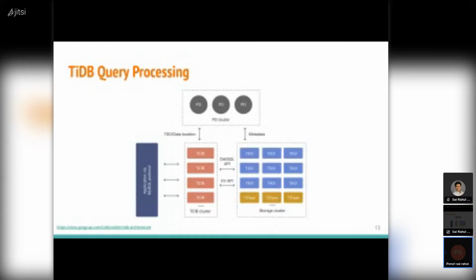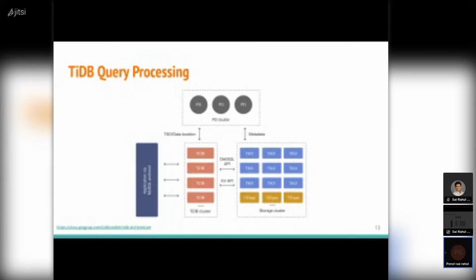Now TiKV does come with its own coprocessor. So whatever queries come to TiKV, they process themselves with whatever data they have. Let's say there is a count star query, right? So TiDB knows the data is shared between TiKV 4 and 5, let's say. Then TiDB sends this count star query to TiKV 4 and 5 both.